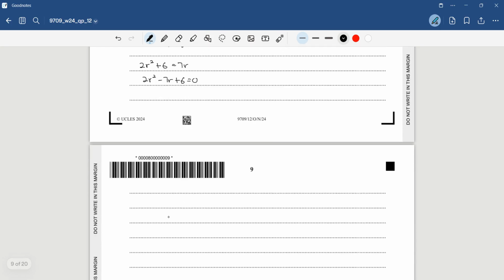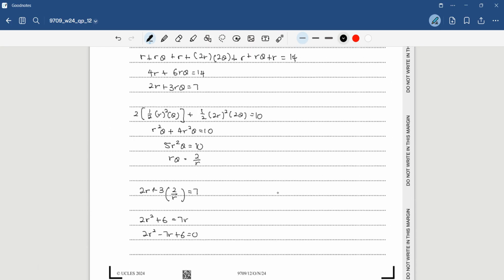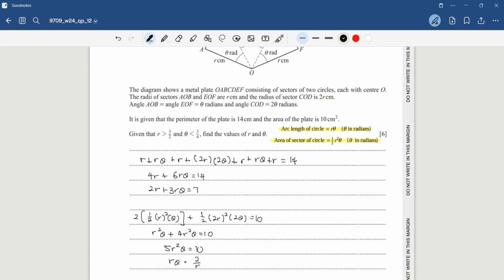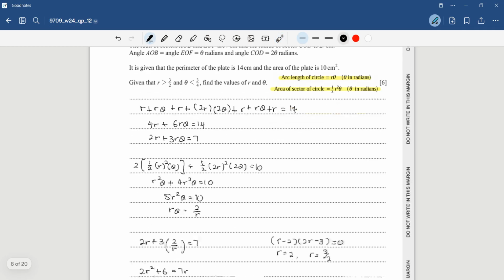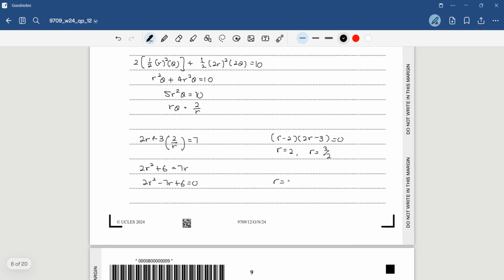So we'll get (R minus 2)(2R minus 3) equals 0. So R equals 2, R equals 3 over 2. And if you notice here, the question mentioned your R is more than 3 over 2. Therefore, your R equals 2.